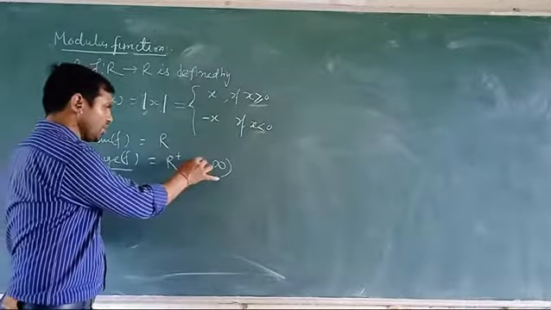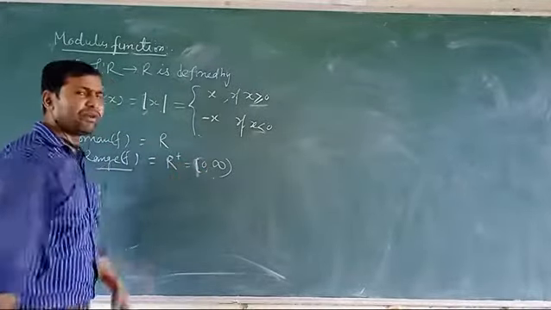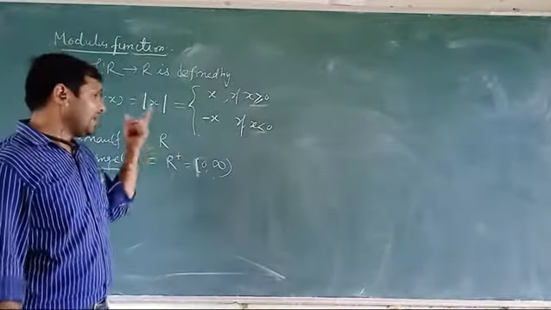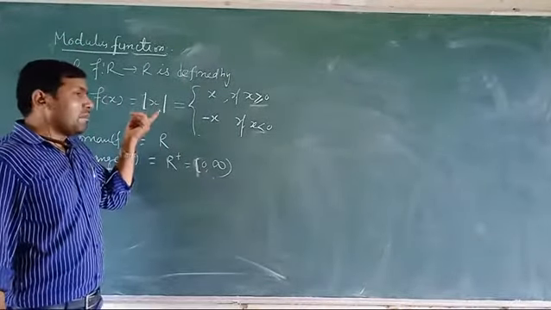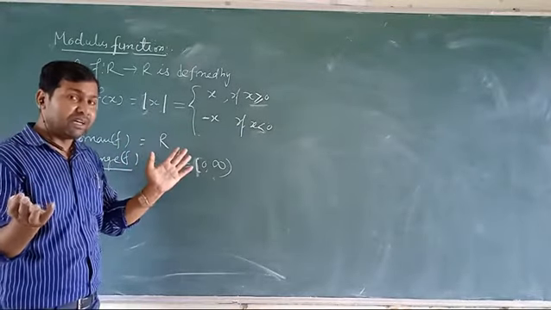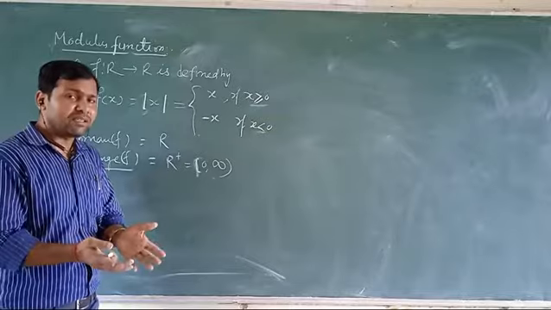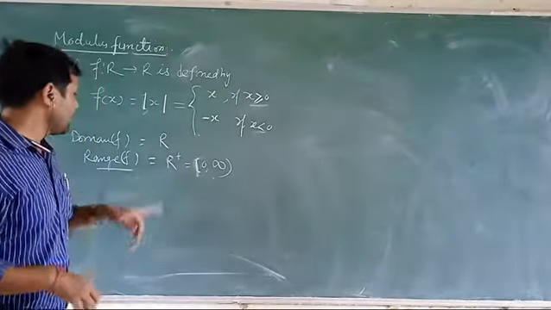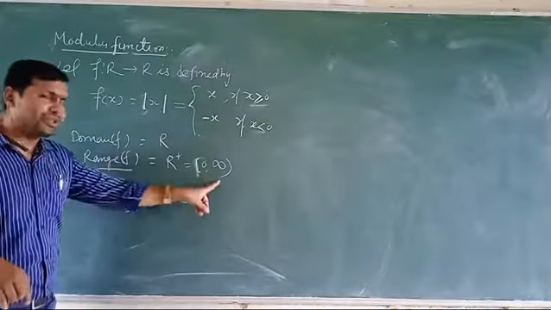This is a semi-closed interval because 0 is included. We know that the value of the modulus function is always non-negative, so on putting any x, f of x will be positive. That is why our range is the positive real numbers.